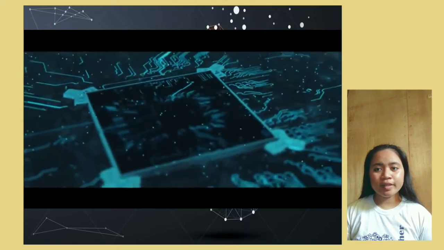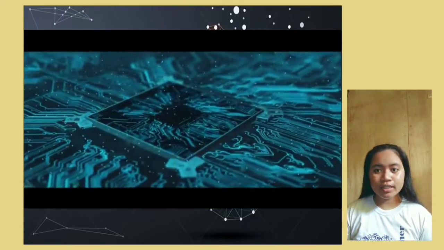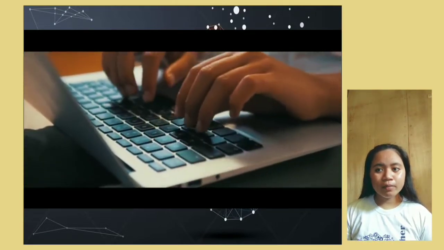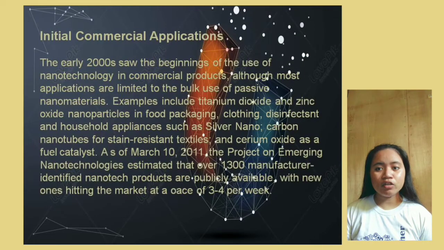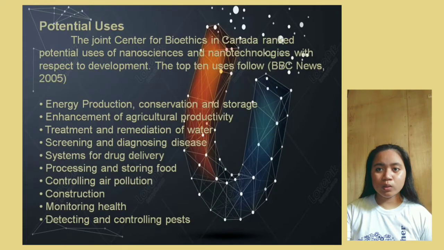As of March 10, 2011, the Project on Emerging Nanotechnologies estimated that over 1,300 manufacturer-identified nanotech products are publicly available, with new ones hitting the market at a pace of 3 to 4 per week.